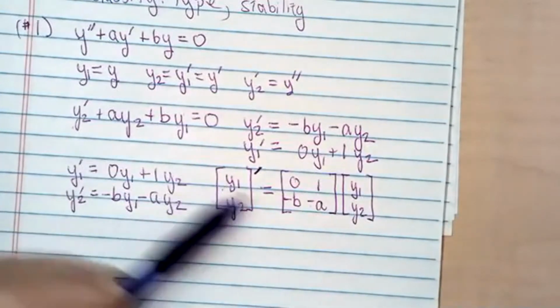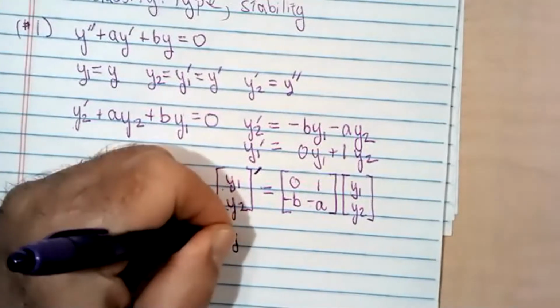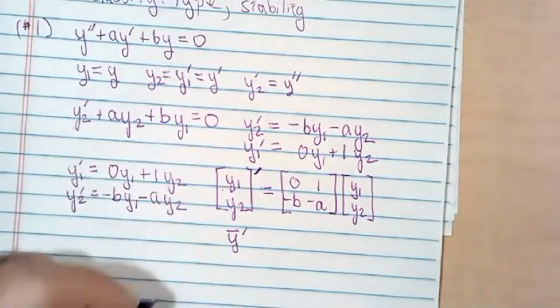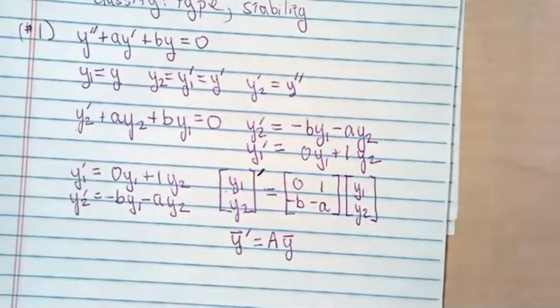So if you call this vector here just y with a bar over it or something, we've got y bar prime equals A y.